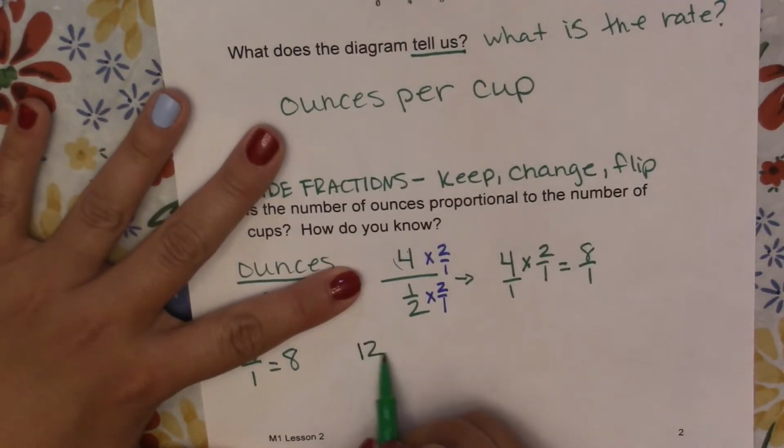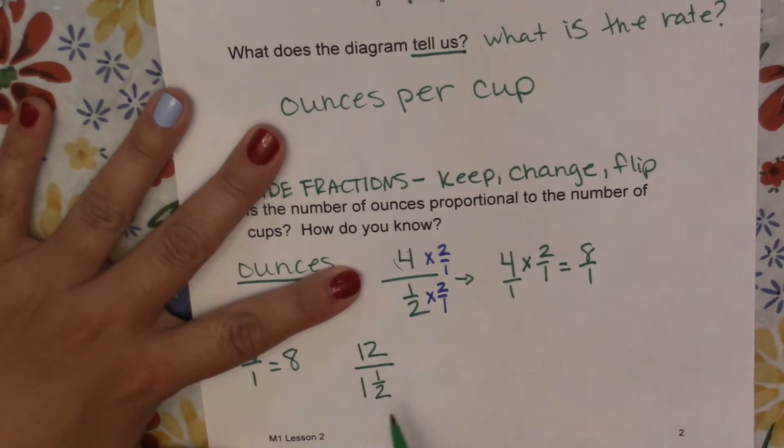So 12 ounces and 1.5 cups. Now in order to work this, we need to change this mixed number into an improper fraction. So in order to do that, we take 2 times 1, we multiply. So 2 times 1 is 2, and then we add that numerator, so 1, which would be 3 over 2.